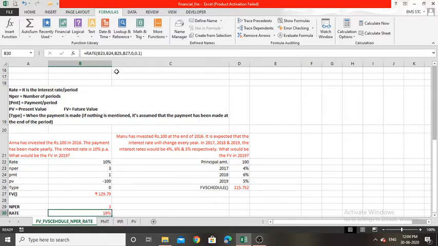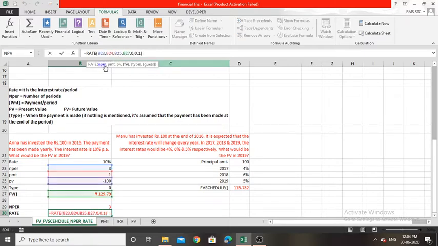So what will be the rate function? Rate has the same arguments that I showed in the early stage of this video. So equals rate, NPER: it was 3. PMT was 1. PV minus 100, FV 129.79.